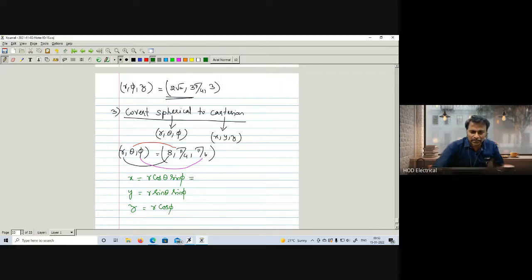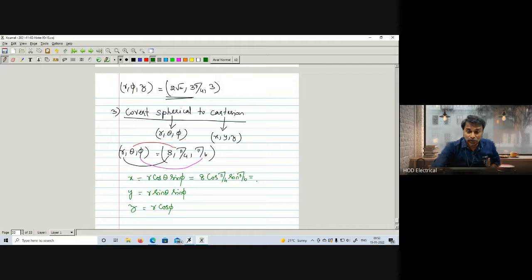So we can write r, already we know, 8 into cos theta, which is cos pi by 4, into sine phi, where phi is pi by 6, sine pi by 6.